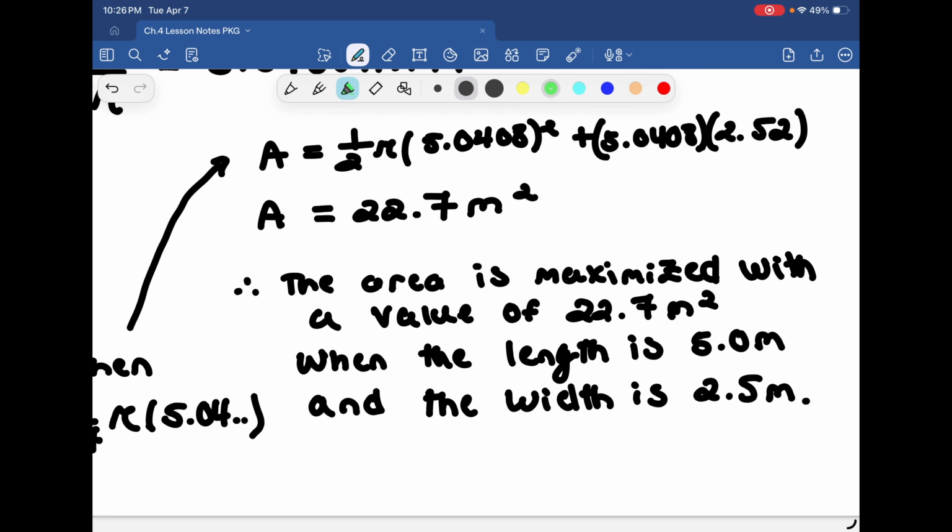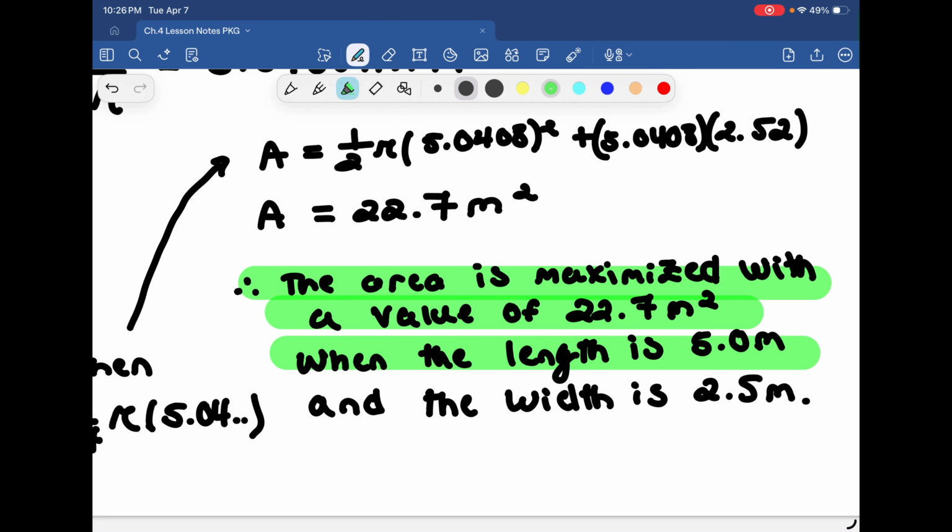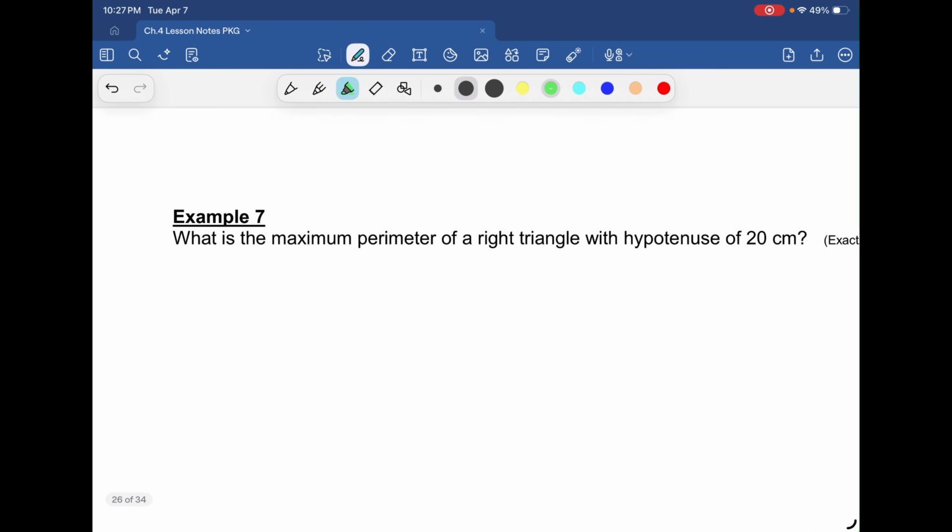Great, there we go. We're going to highlight this and good. And again, all it asked for was the maximum value for the area, but again, I like to sometimes put them both there. All right, now going to our next problem here, example number 7.